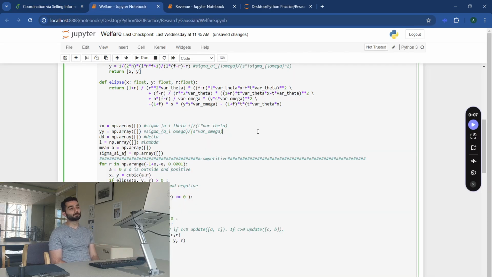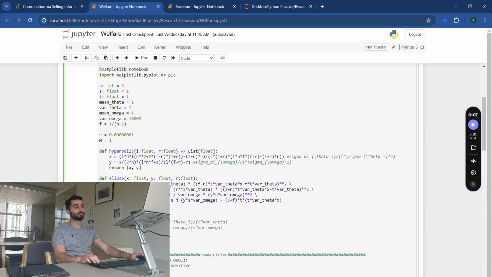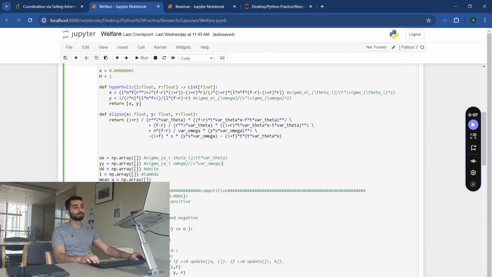Let's go. We are going to do a bisection method to find the lambda. I should change it to hyperbolic, right? What was A? Okay. A is the start of the interval, B is the end of the interval.